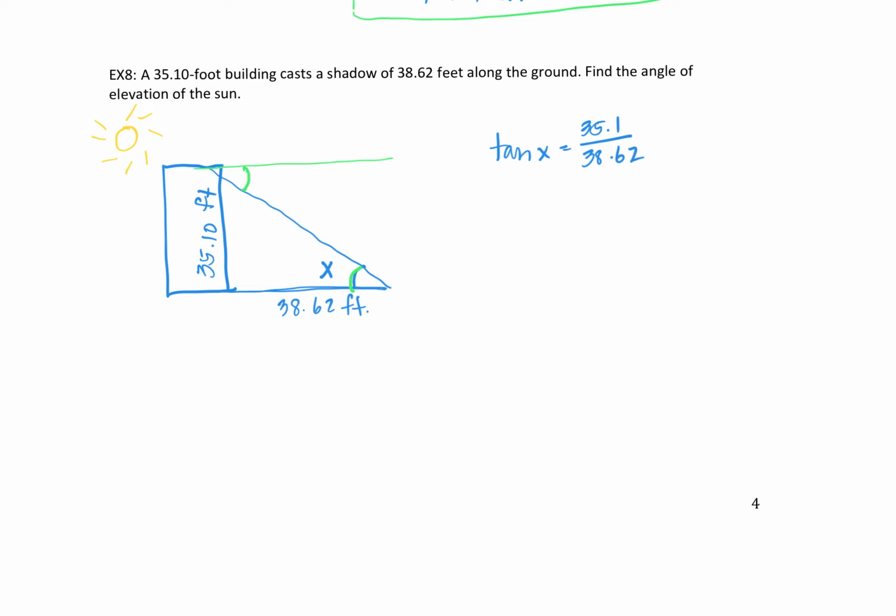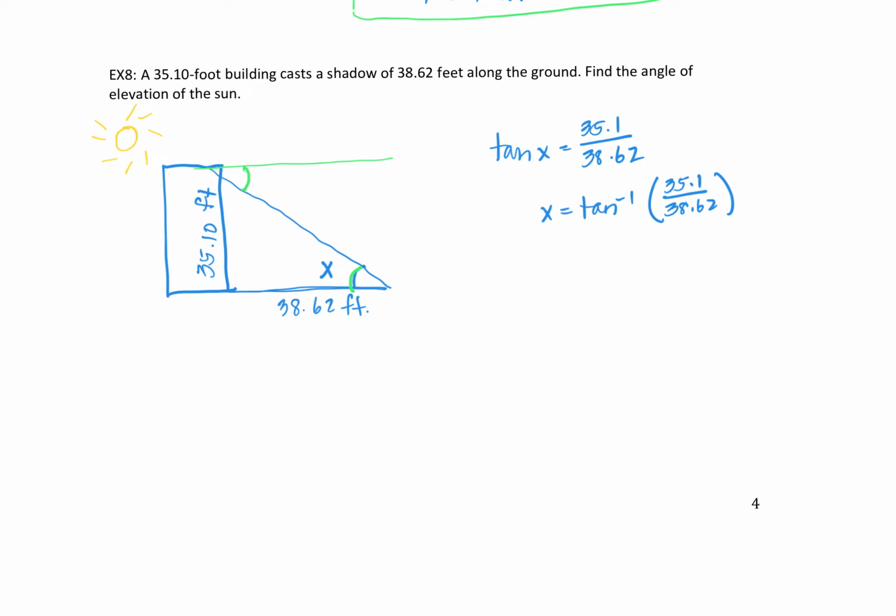Now, since we're trying to find x, we need to get rid of the tangent. That tells me I'm going to use that inverse and do tangent inverse of 35.1 over 38.62. Again, that would be your second tangent in some calculators.